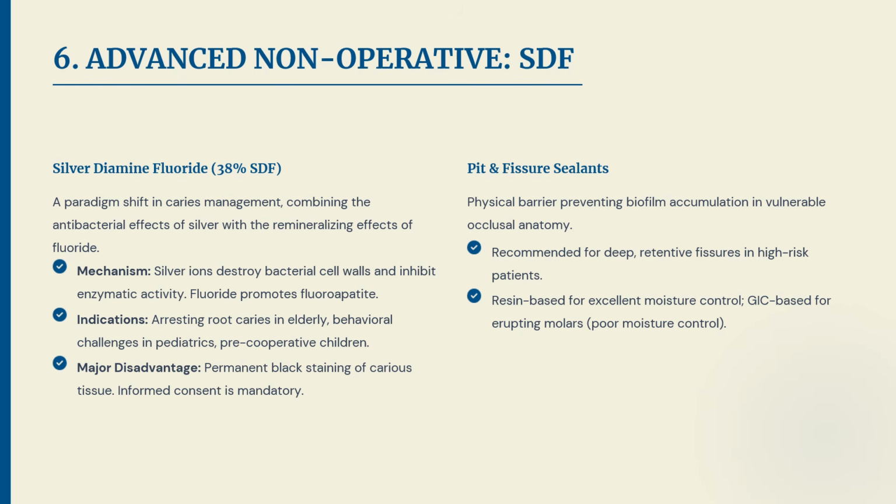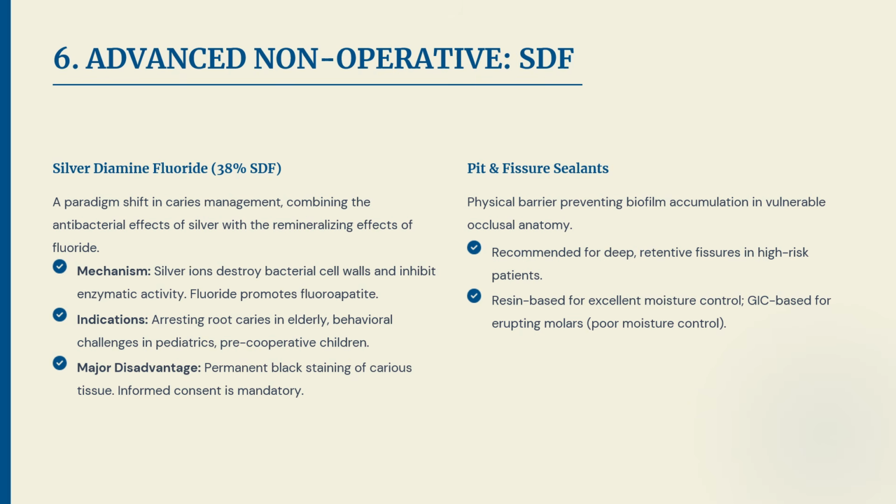So where are we using this? So we are using this in arresting root caries in elderly individuals, and children who've got behavioral challenges, then we can use that there. And pre-cooperative children, you can use it there. Okay. Now the only disadvantage with this one is it's actually causing permanent black staining of carious tissue.